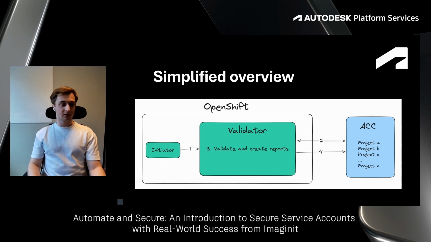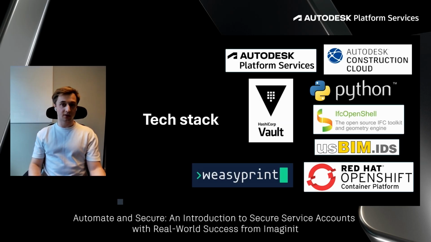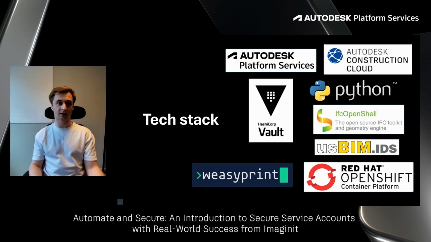So before we go into a deeper dive of how the app actually works, this is the tech stack. So I've used APS and ACC, Python and IfcOpenShell. HashiCorp Vault was used to store and access secrets. usBIM.ids was used to edit and create IDSs for the different projects.